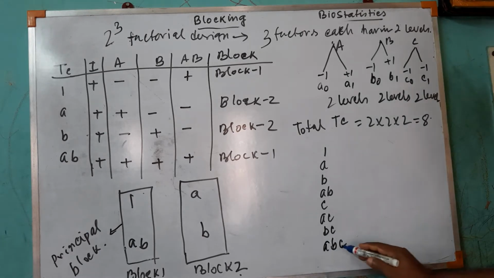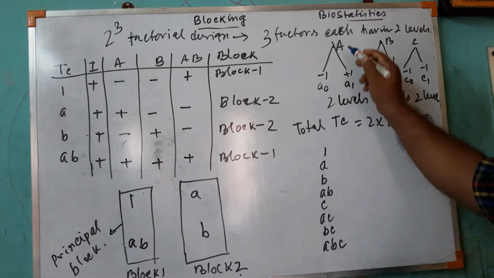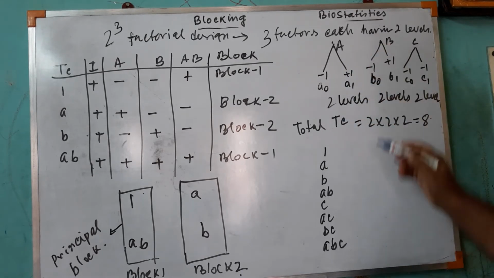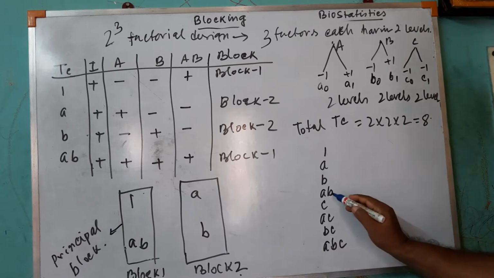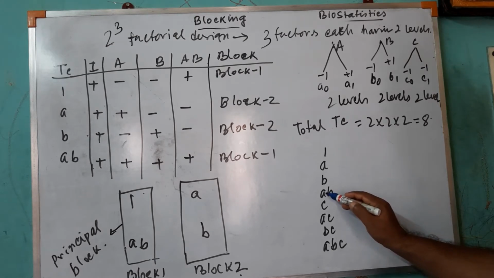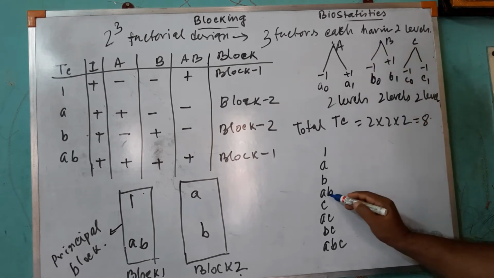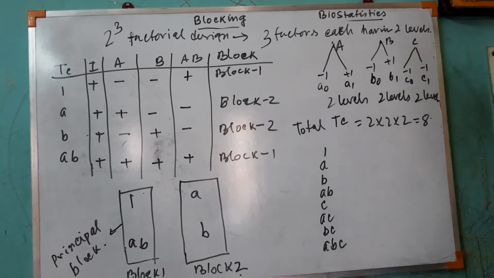When ABC, that means all are at higher level. When A, factor A is at higher level, and B and C are at lower level. When AB, factor A is at higher level, factor B at higher level, and factor C at lower level.